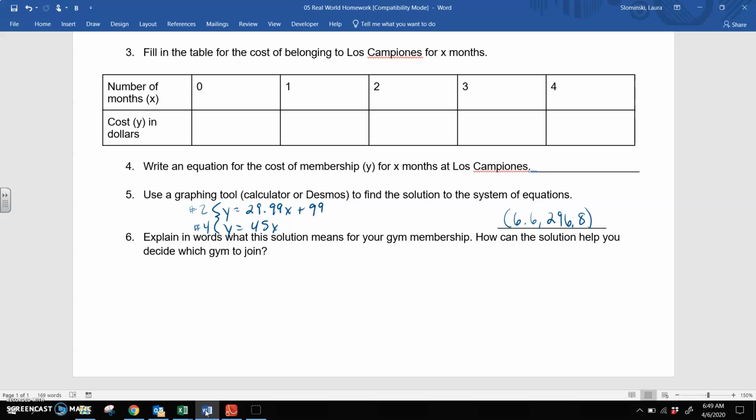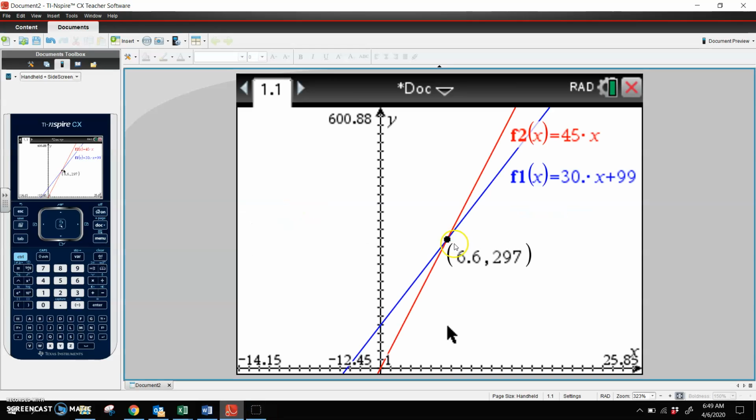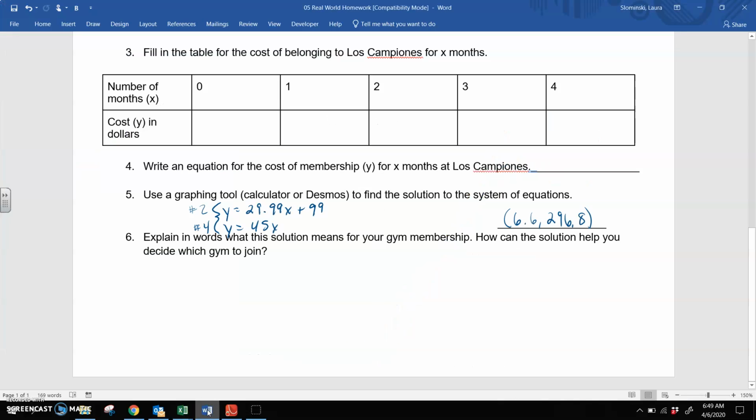So number 6 wants me to explain in words what this solution means for your gym membership, and how can you help decide what gym to join. If I go back and look at the graph, what this means is that this x value has represented my months the whole time. So after 6.6 months, both gyms would cost exactly $297 because that's what the y value is.